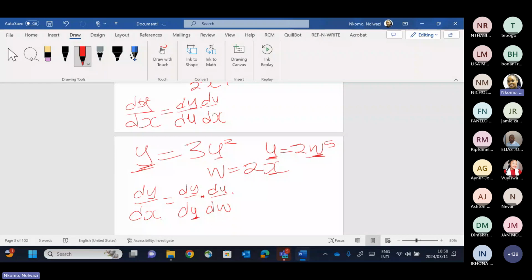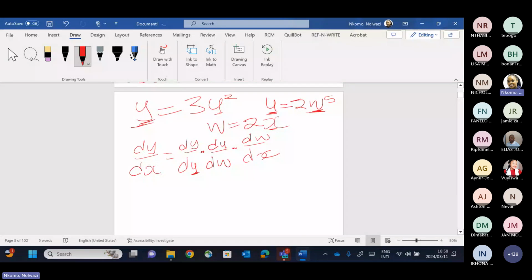So you multiply this with the derivative of w with respect to x, right?